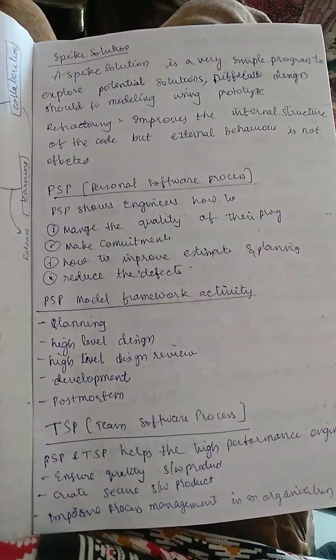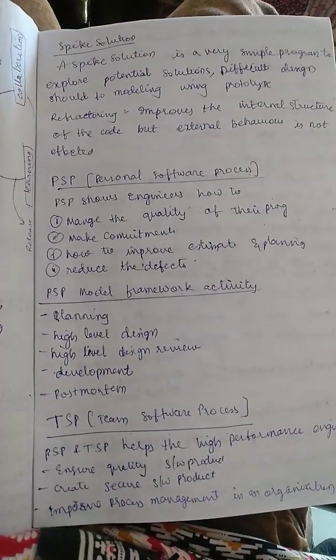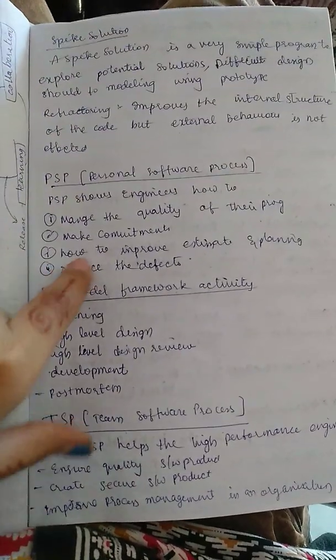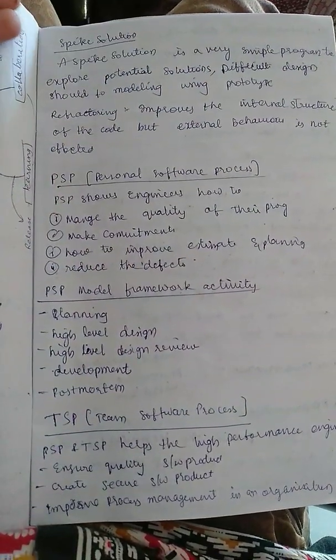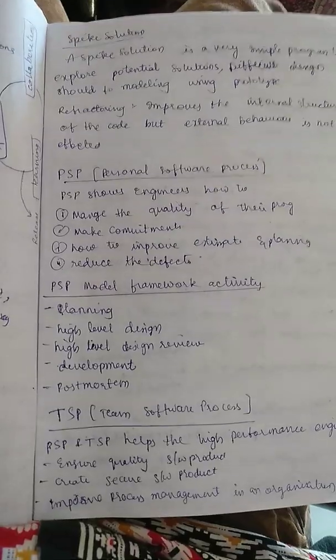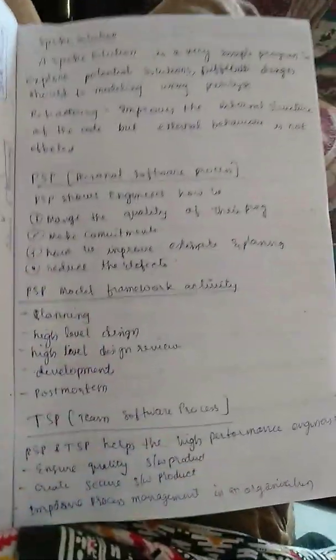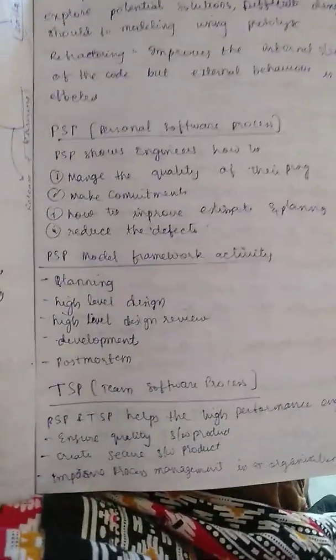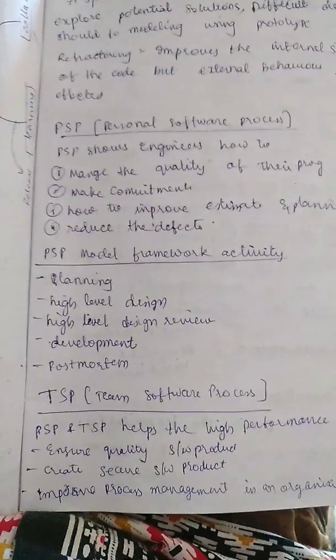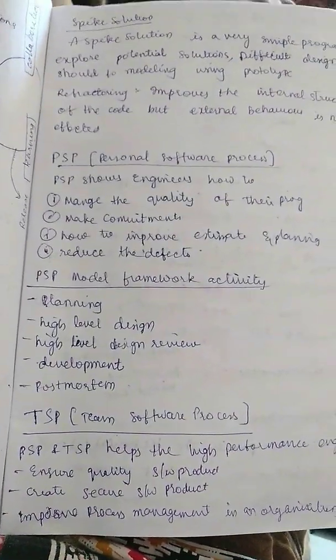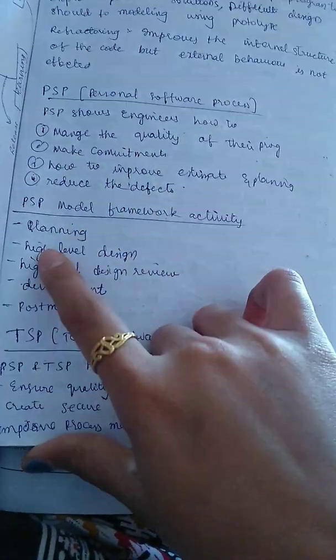How to improve, estimate, and plan: what are the steps for improving, how the estimations are done, how the plannings are done, that will be shown in the personal software process. And by using PSP, we can also reduce the defects.